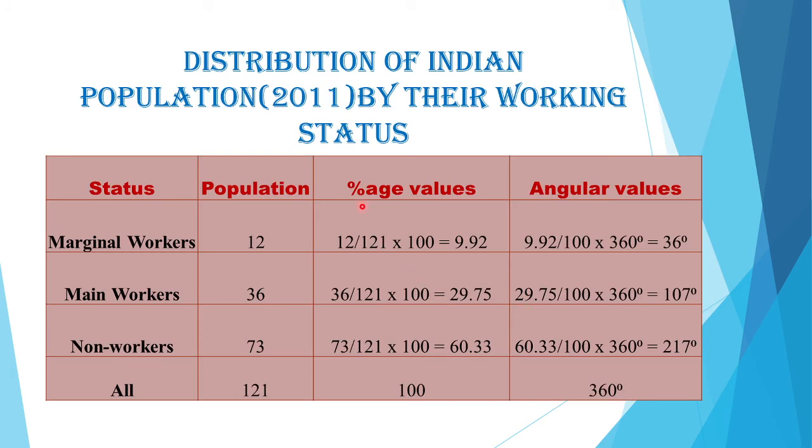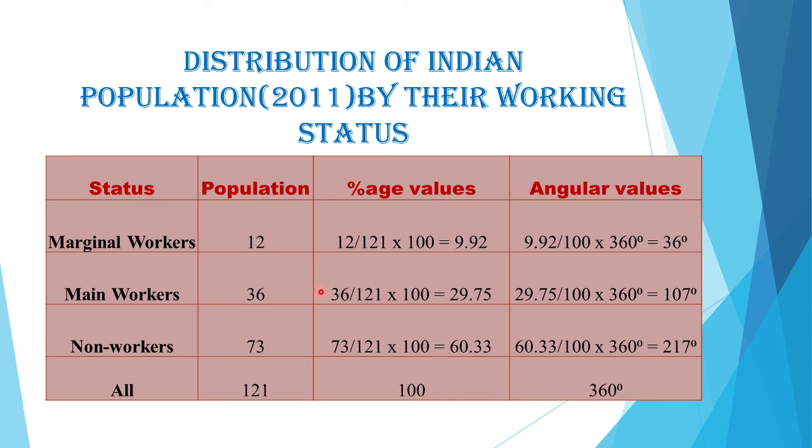Here we are going to discuss the distribution of Indian population by their working status. The status is marginal workers, main workers, non-workers and all. The population consists of 12 marginal workers, 36 main workers and 73 non-workers. In order to construct a pie diagram, the first step is to convert the figures into percentage value.